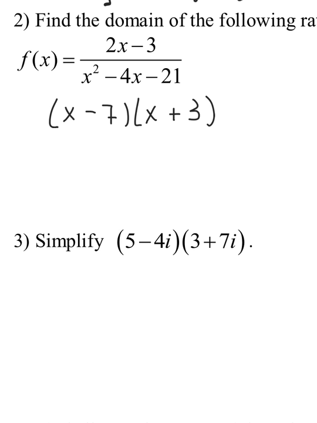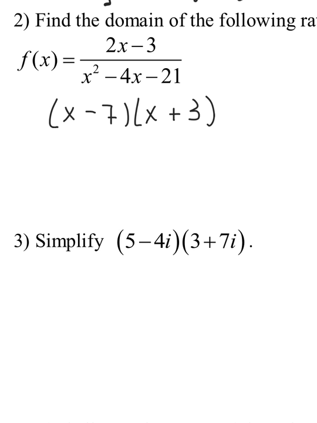So anything that gives me a 0 in the denominator, x cannot be that in the domain. So right here, x cannot be 7, and here, x cannot be negative 3. You just set these equal to 0 and solve for x. That's how we're getting those values.